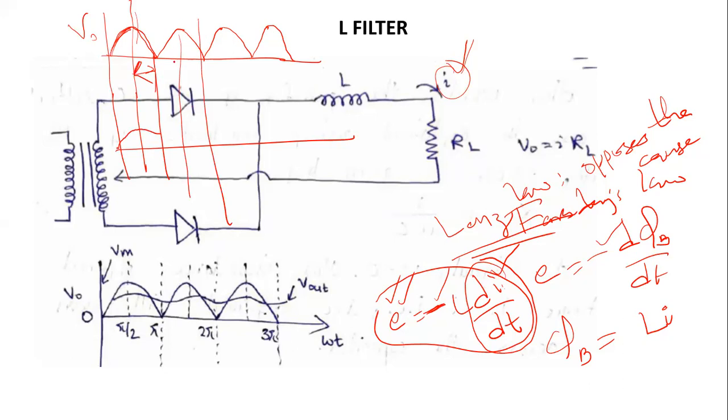Again, from this interval to this interval, the voltage signal increases, and correspondingly the current also tends to increase. Whenever there is a change in current, the induced EMF will oppose the cause, so it will try to prevent the rising current again. So in the actual filter circuit, the output will be something like this.